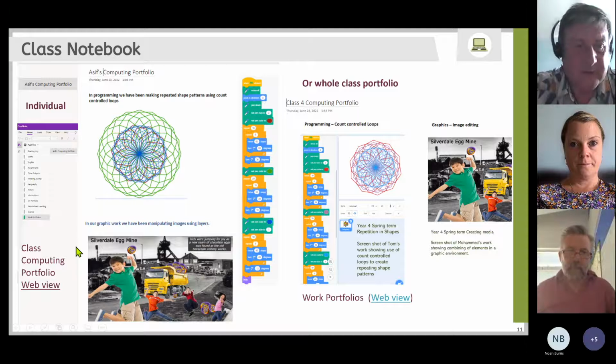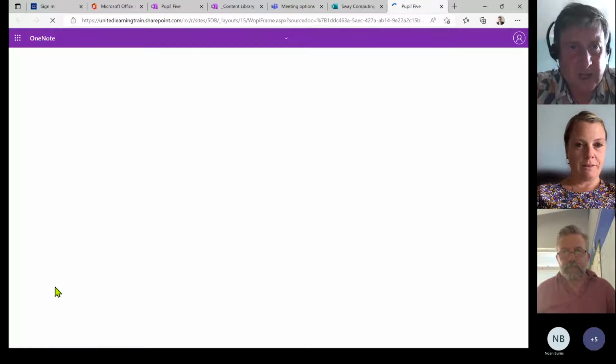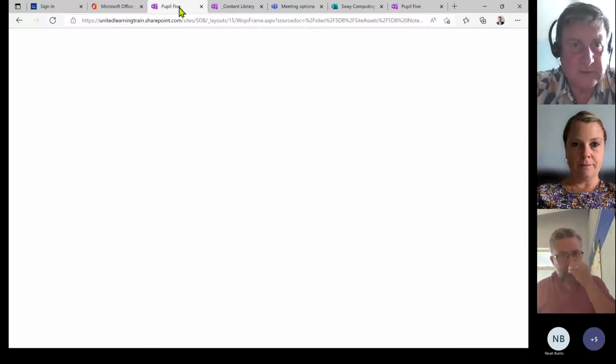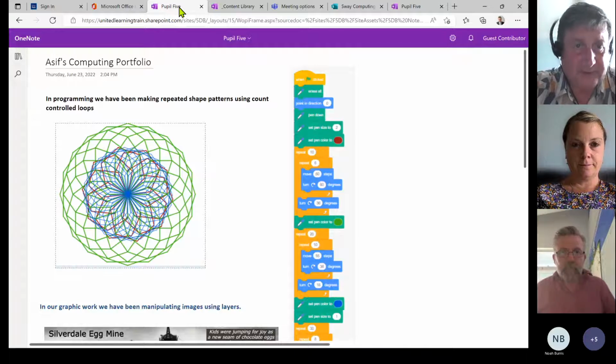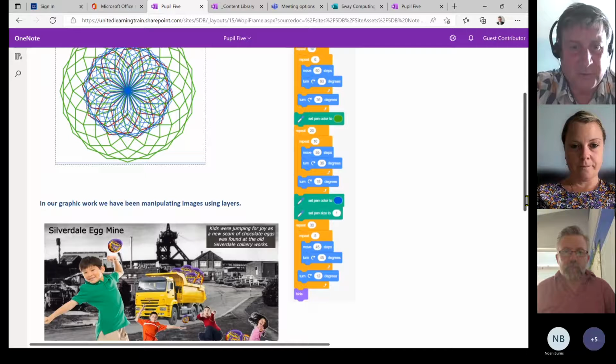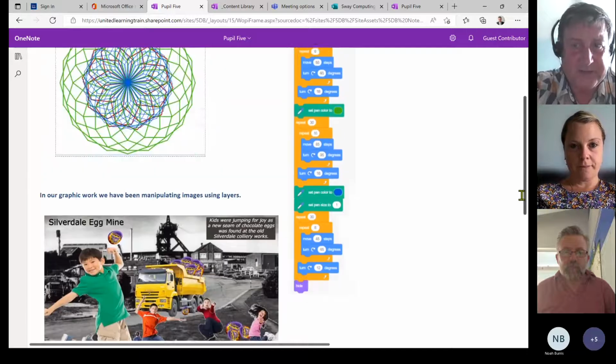So we've got an example of it. And again, I'll just link to an example site here, just to load it a bit quicker. So this is Asif's own individual portfolio. He can add in work as he progresses through the year, giving some examples of the sorts of work he's covered in it.